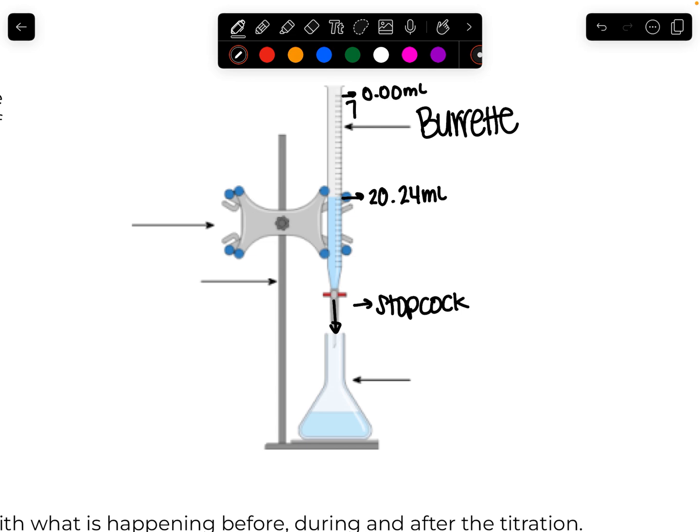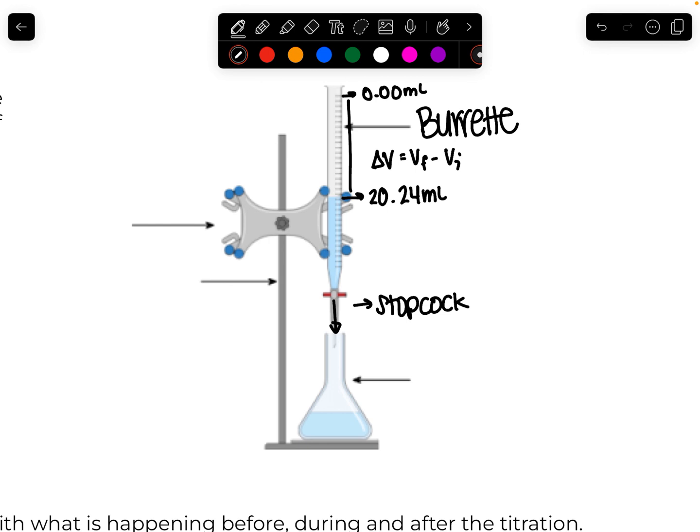That means you've added 20.24 milliliters of your titrant to your solution. This is still just the change in volume: you take your final reading minus your initial reading, which is easy because your initial reading is going to be 0 because you filled it all the way up to the top.